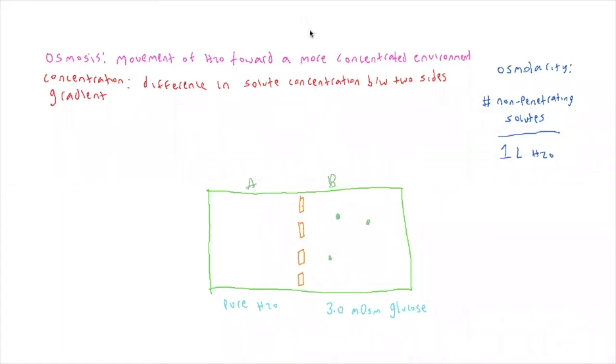All right, now we use some terms to describe the difference in solute concentration between each side. So we have some terms here to talk about when we compare the osmolarity between two environments. So I'll just call this comparing osmolarity.